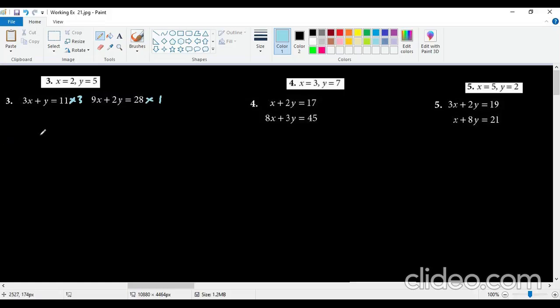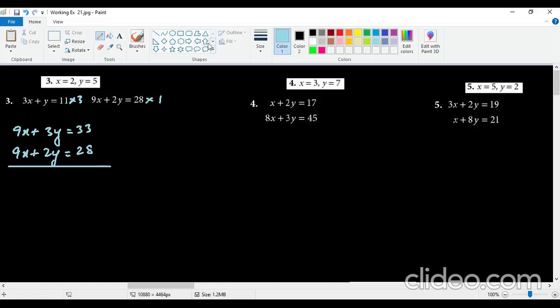So what I will get is 3 times 3 is 9x plus 3y equals 33, and the second equation is going to become 9x plus 2y since it's multiplied by 1 itself.